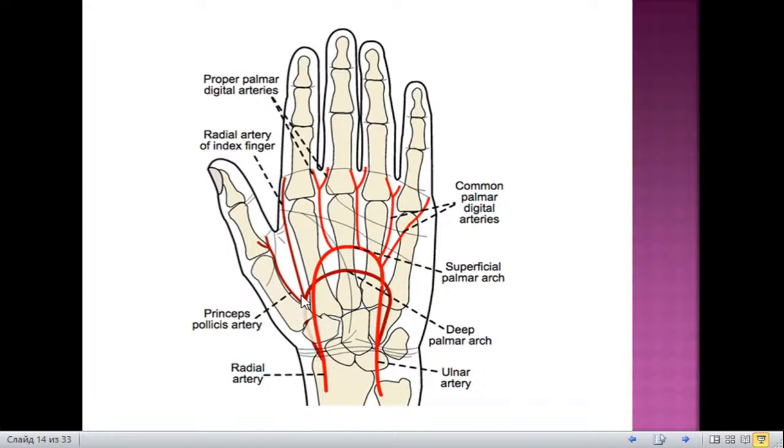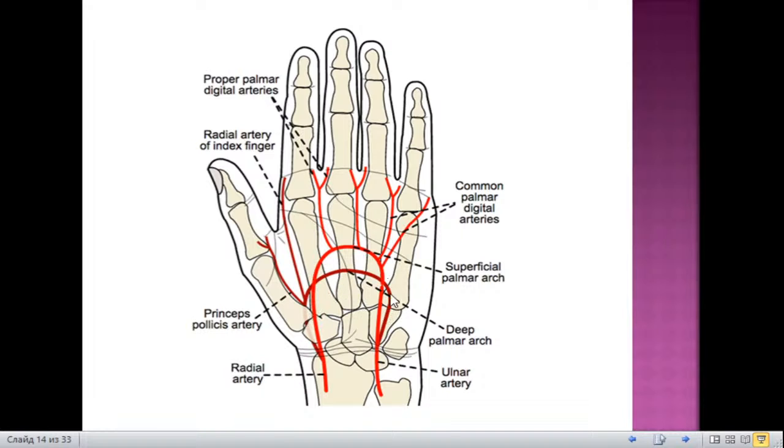After it turns around the carpals, it continues as the deep palmar arch. The ulnar artery gives off the deep palmar branch. After that it becomes the superficial palmar arch. So as a whole, both palmar arches are formed by both arteries.